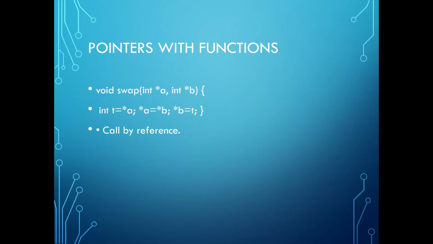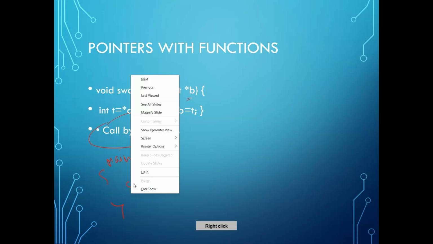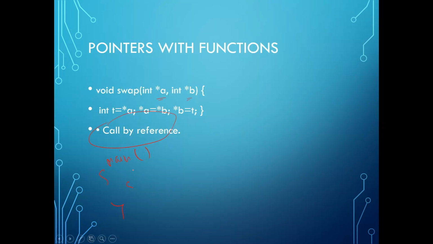Pointers with functions. This is called call by reference, with pointer A and pointer B here. So how does it happen? Suppose in the main function you are calling this swap function.